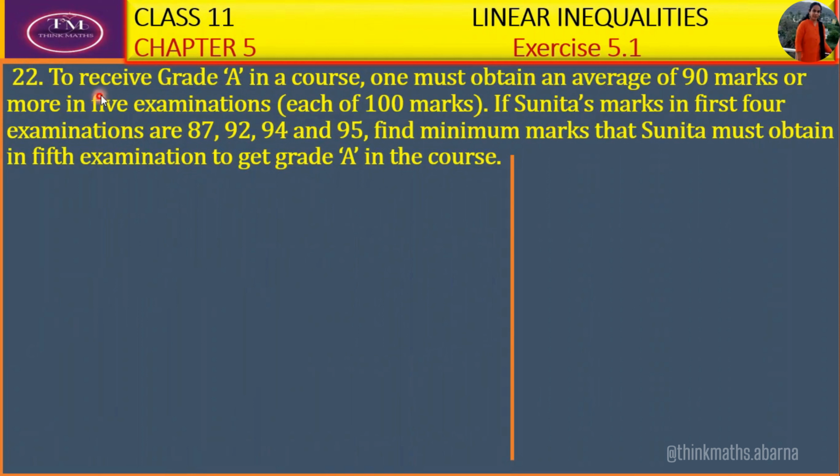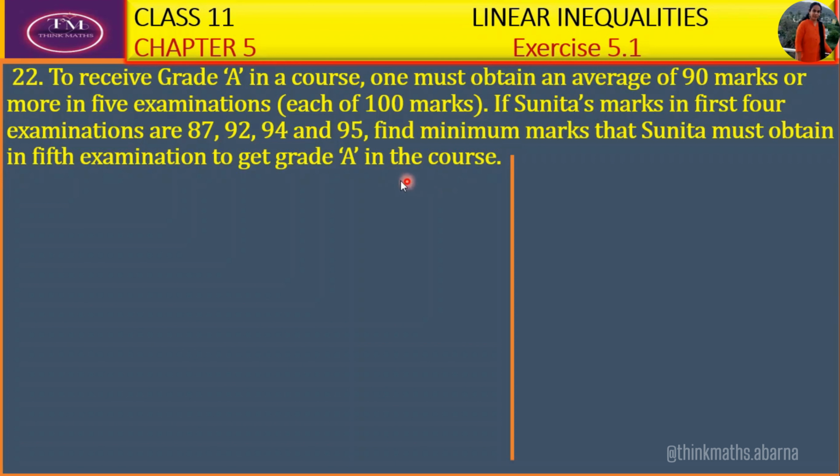22. To receive grade A in a course, one must obtain an average of 90 marks or more in 5 examinations, each of 100 marks. If Sunita's marks in the first 4 examinations are 87, 92, 94 and 95, find the minimum marks that Sunita must obtain in the 5th examination to get grade A in the course.